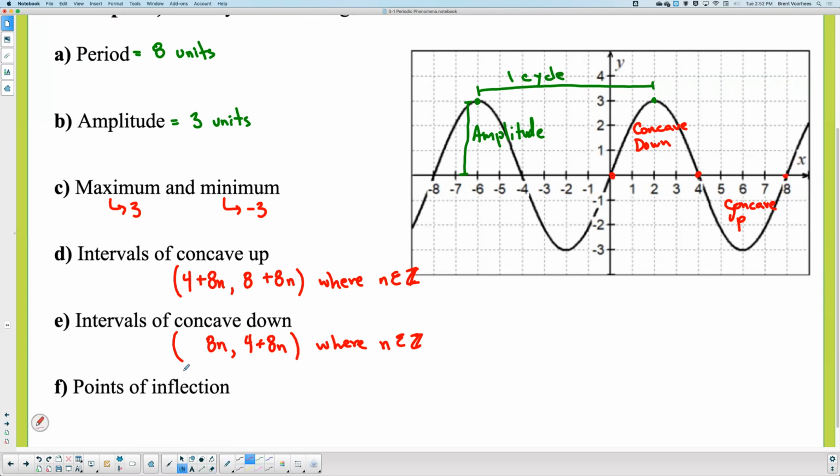I could just leave that as 8n like that. The points of inflection would happen every 4 units. So you just say 4n, comma 0. The y value is always 0 there. Where, again, n is any integer. The reason this is not 1 period apart is because there's 2 per period. So like that. Those are the points of inflection.